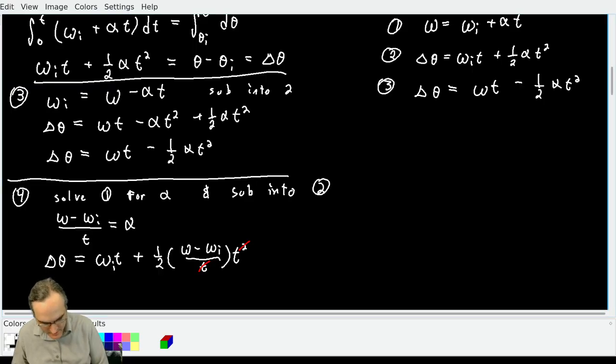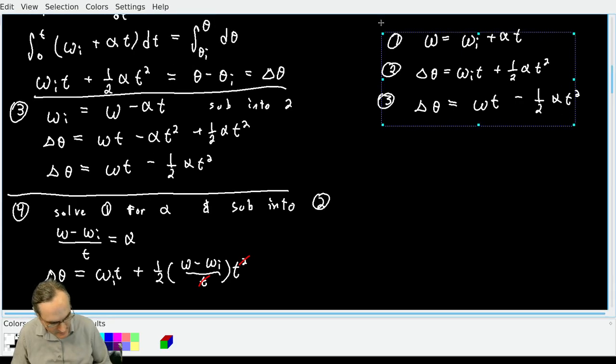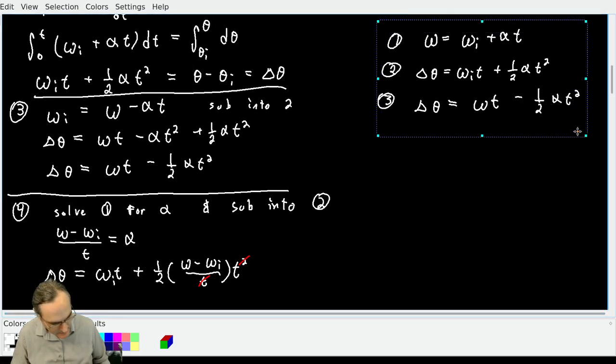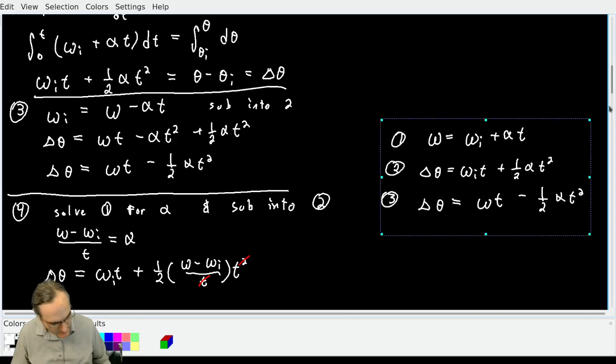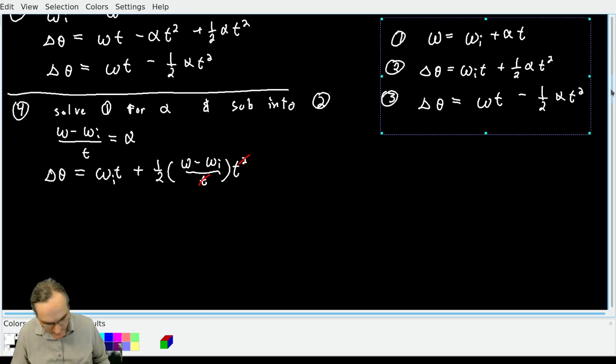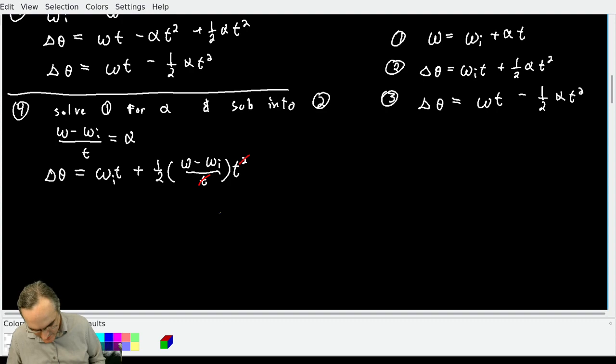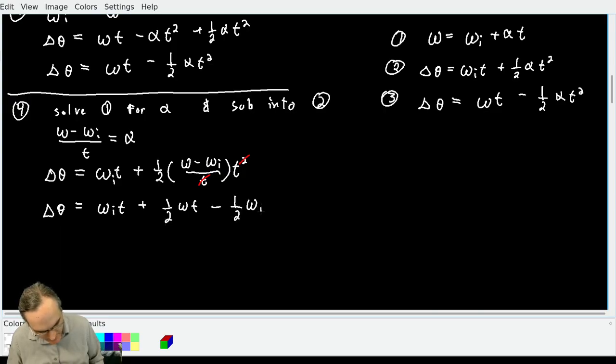I'm going to move these along with us as we go. Okay, next line of algebra. Delta theta is equal to omega initial t plus 1/2 omega final t minus 1/2 omega initial t.